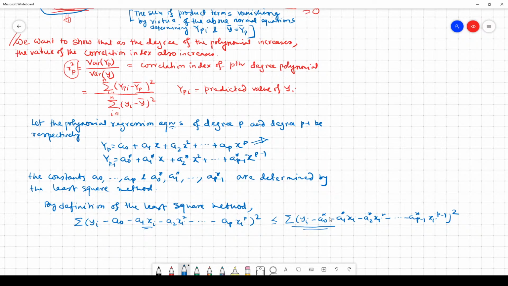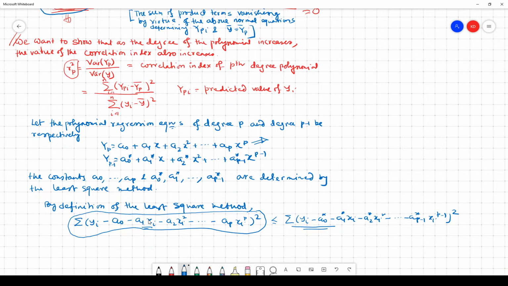By the definition of least square, we minimize this sum of square. Please listen carefully: a0, a1, a2, ..., ap are the least square estimators.